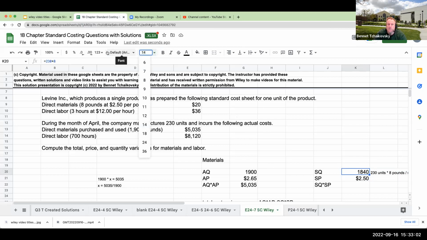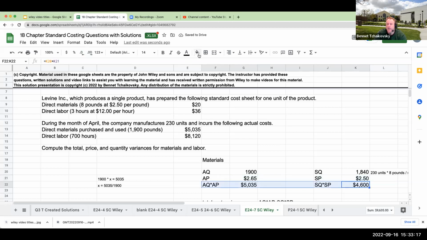So my standard quantity times my standard price, the amount I should have spent on my material, should have been $4,600.